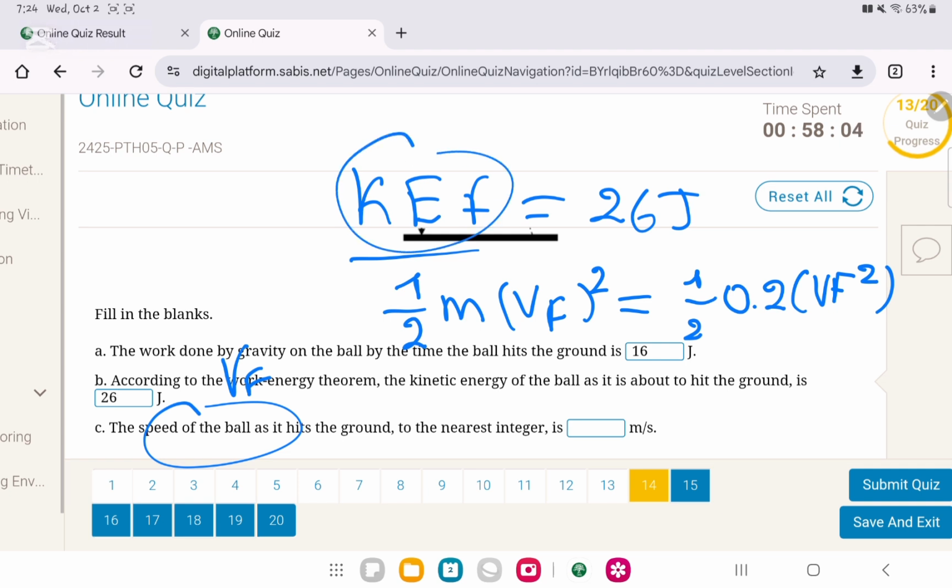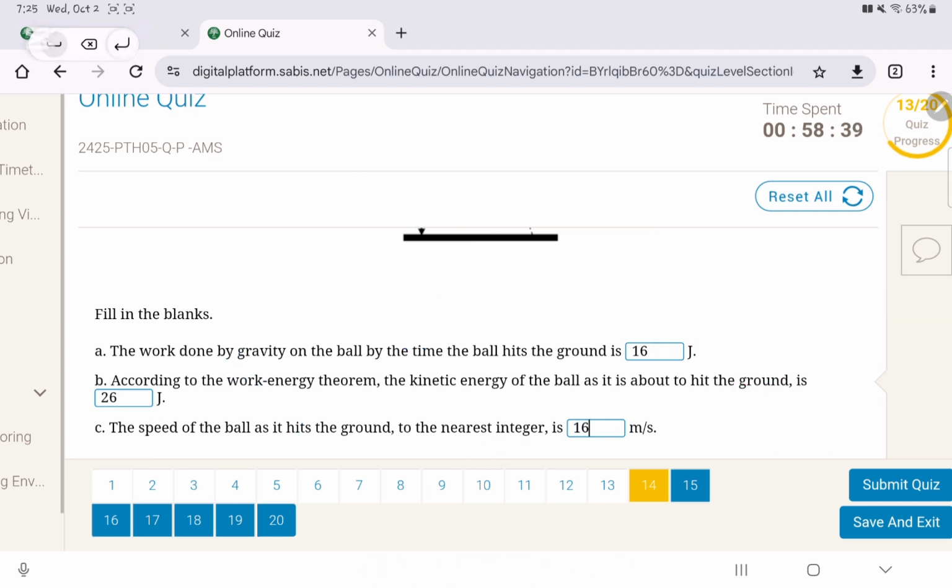We know that the kinetic energy final is 26 joules. So 1 over 2 times 0.2 times velocity final squared is equal to 26. That means if you move it to the other side, v final squared is equal to 260. Then if you take the square root of 260 on your calculator, you get approximately 16.1, and if you round it to the nearest integer, it is 16.